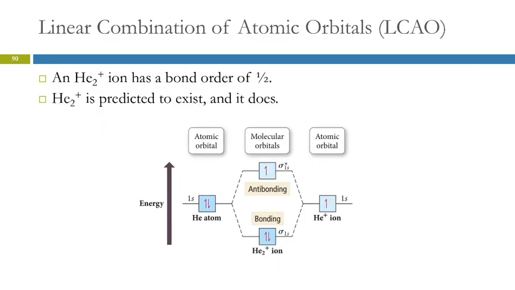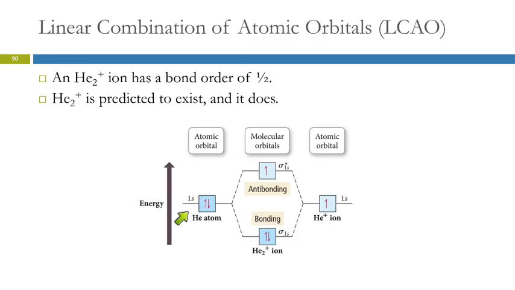We can also look at diatomic ions. So an He2+ ion, we haven't seen anything like that before, but we can recognize what it is. Two helium atoms, the positive charge means they're missing 1 electron.